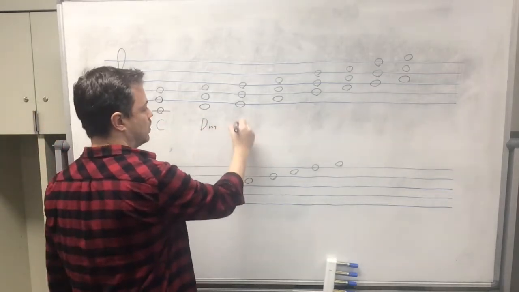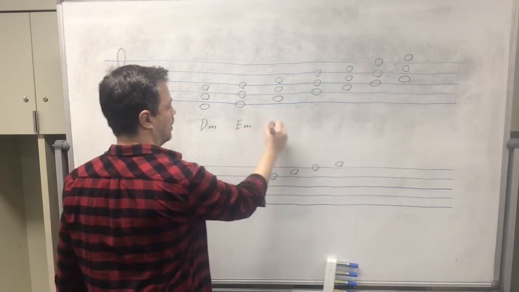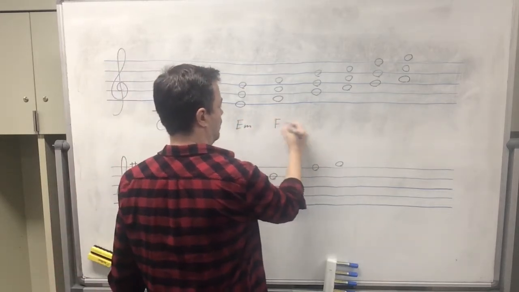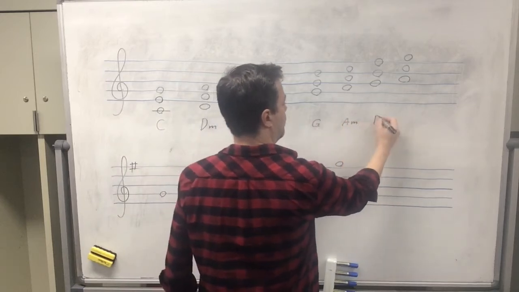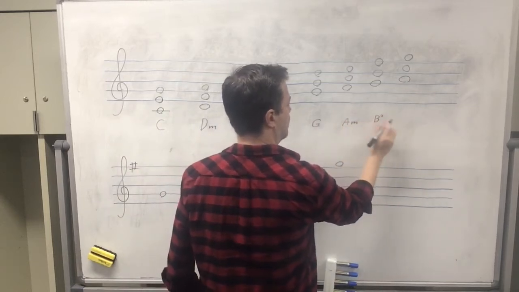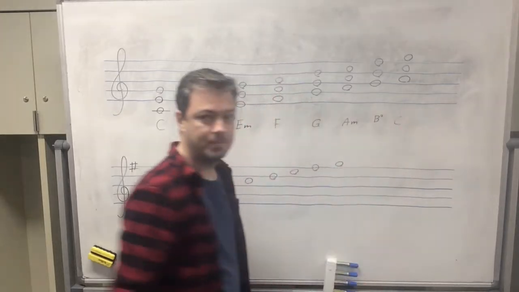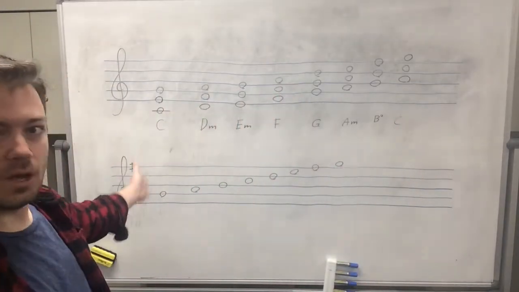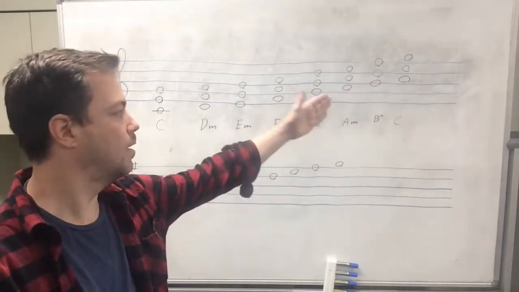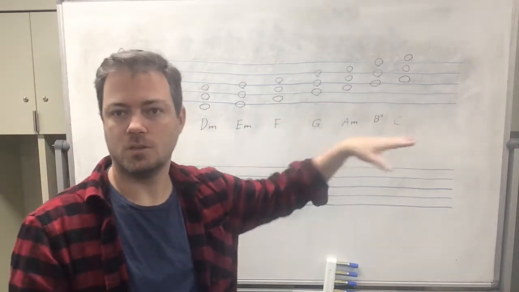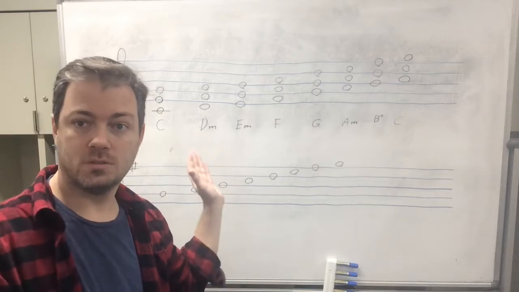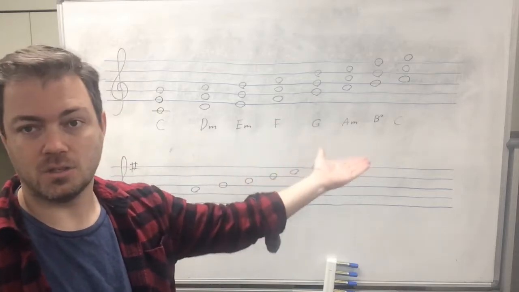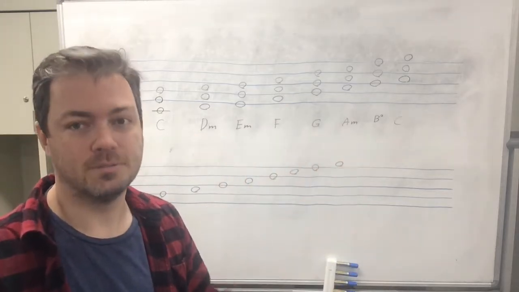Hopefully this is nothing new, so E minor is next, F, G, A minor, B diminished, and back to C. Okay, so major, minor, minor, major, major, minor, diminished, back to major. No matter what key you're in, it's always going to be the same order for 3-note chords in a major scale. But we're going to do 4-note chords.